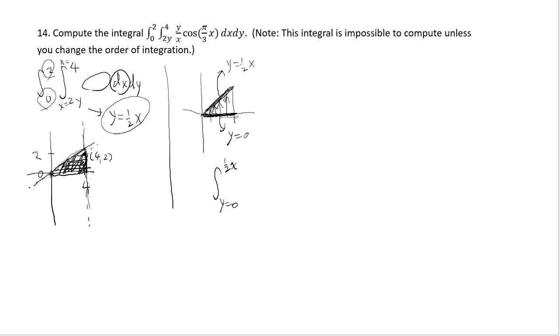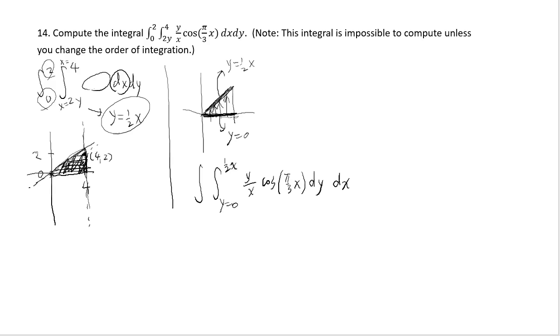Okay. So you can put y or not, it doesn't matter. y over x cosine pi over 3 x dy. And then now outside you have dx, and for these two you always have to put numbers.